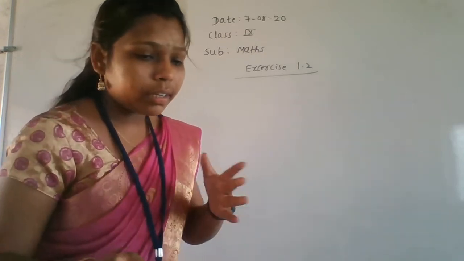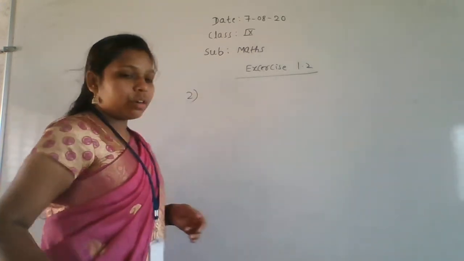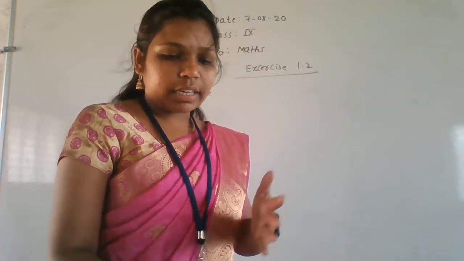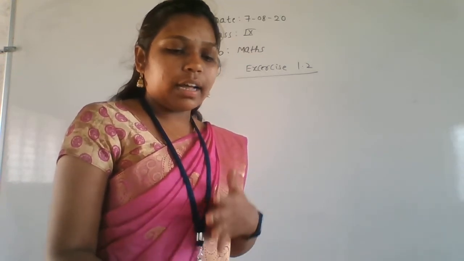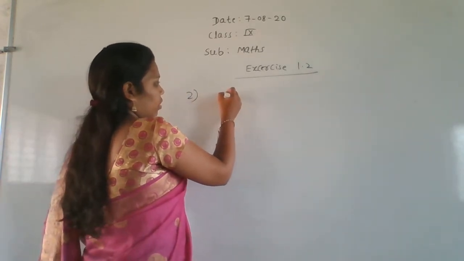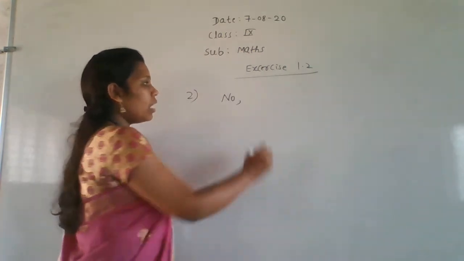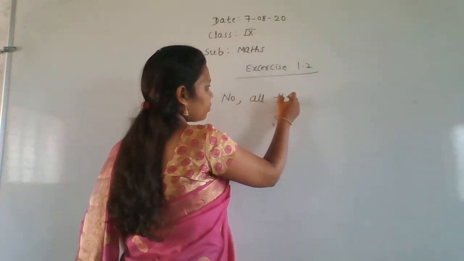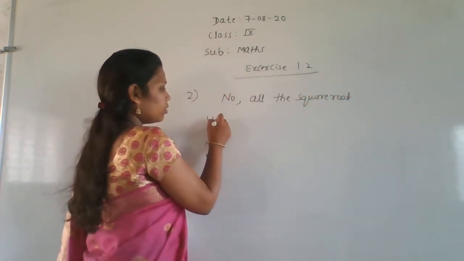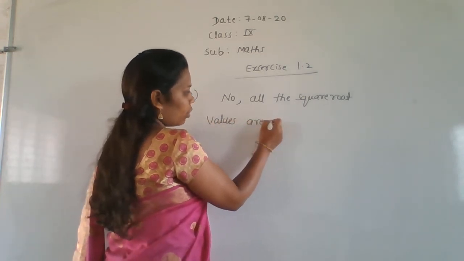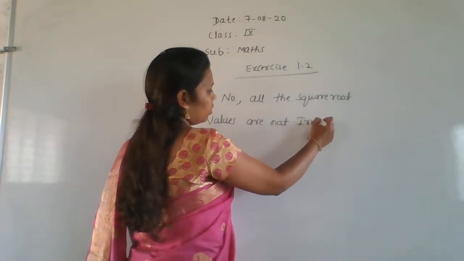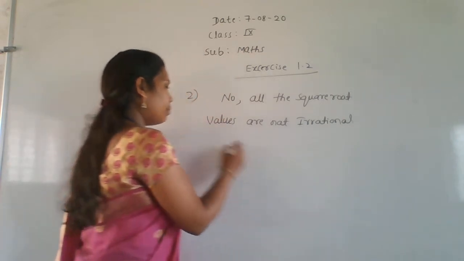So we'll move to the second question here. What they told: are the square roots of all positive integers irrational? If not, give an example of the square root of a number that is a rational number. So here, the answer is no. All the square root values are not irrational.